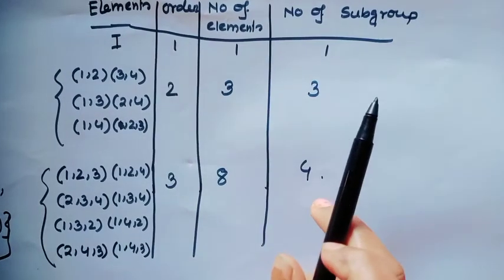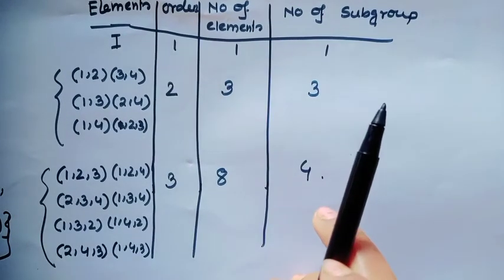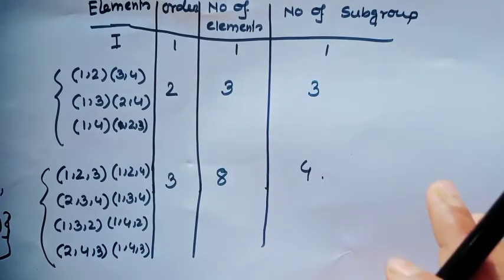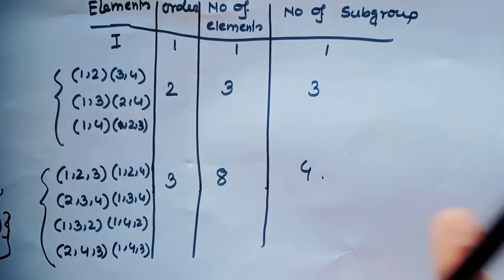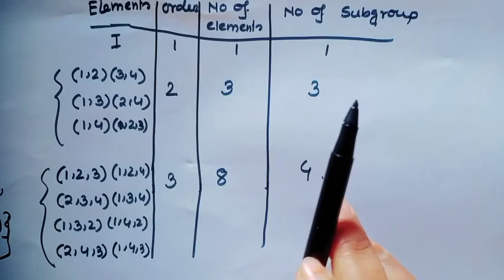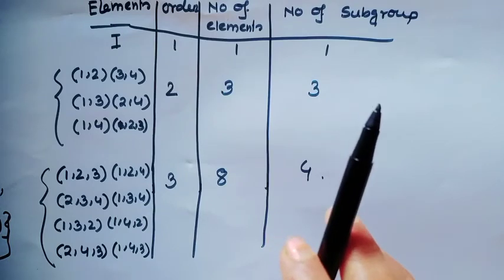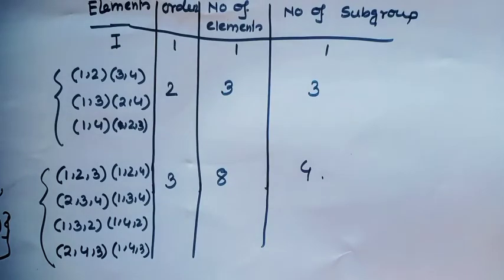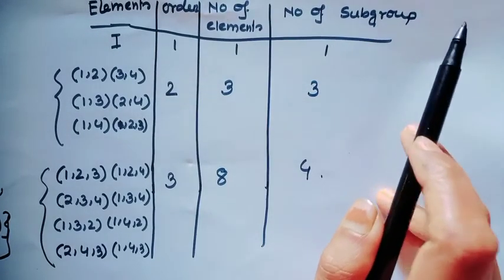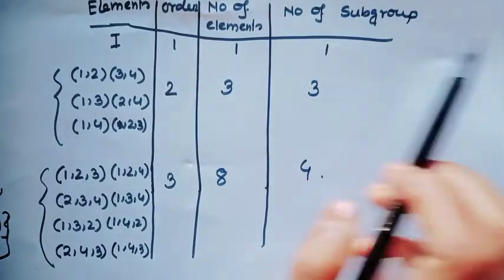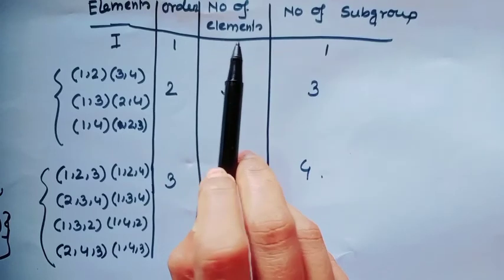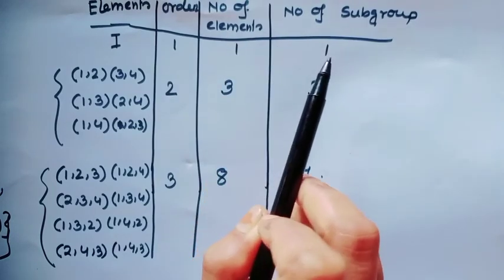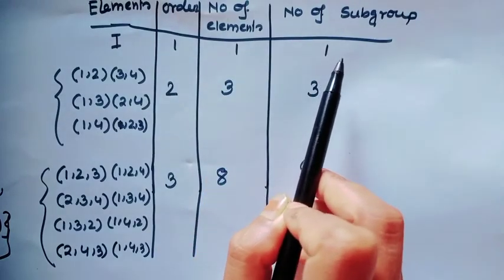And I recommended you make this subgroup of A4 on your own. Just see the number of subgroups. The number of subgroups in A4 of order 1 is 1.